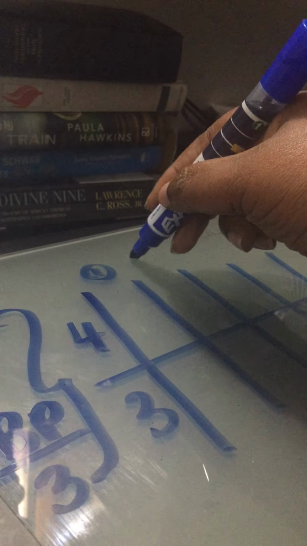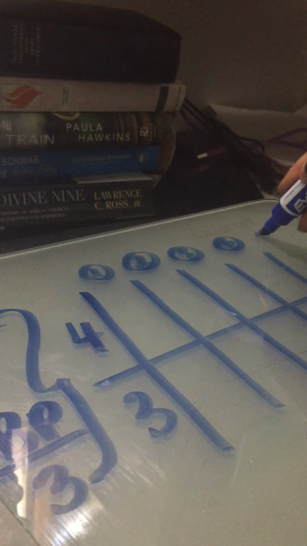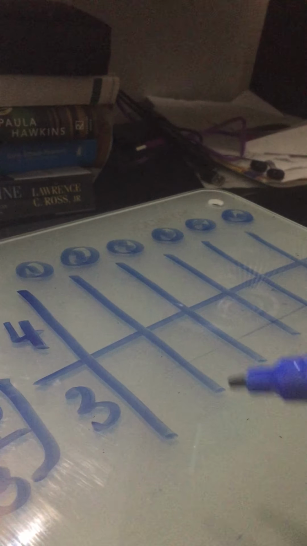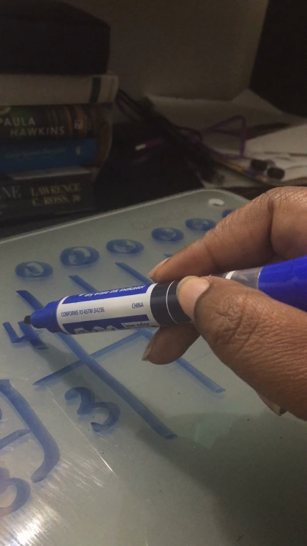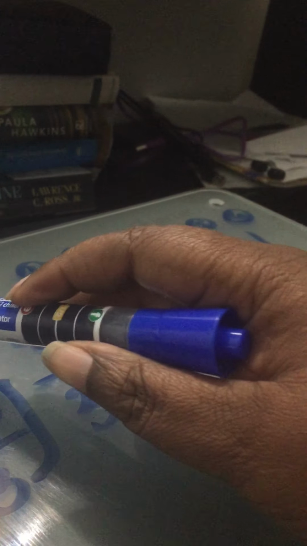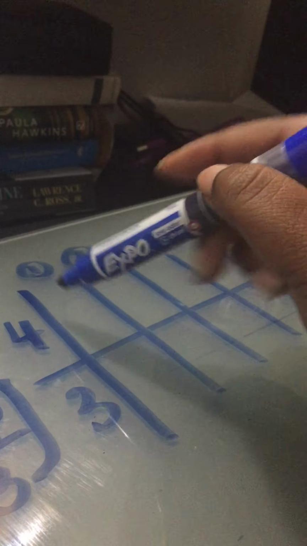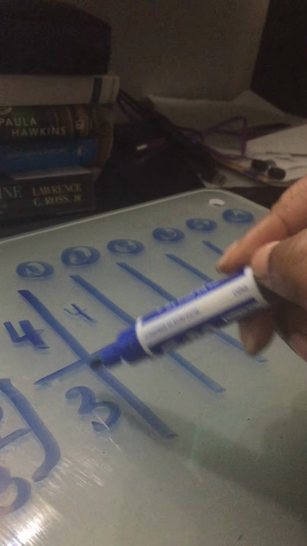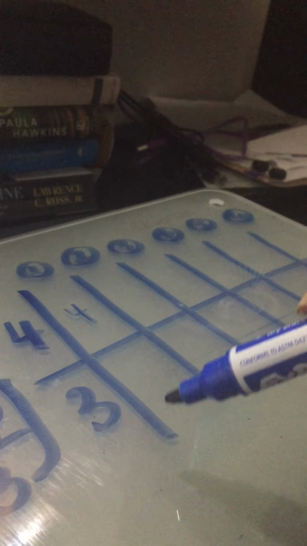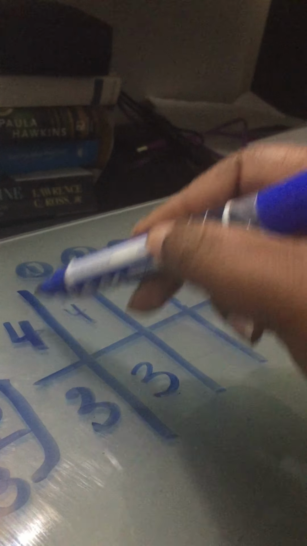So I know that for every 4 movies, I'm going to get 1 $5 coupon. So 4 times 1 is 4. For every 3 movies, I'm going to get a bag of popcorn. 3 times 1 is 3. 4 times 2.